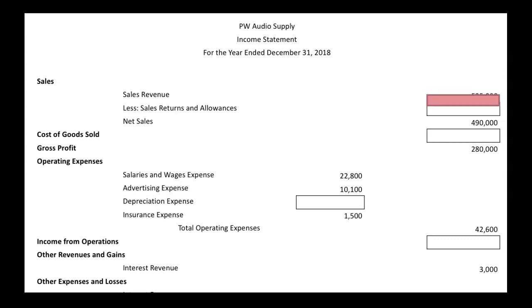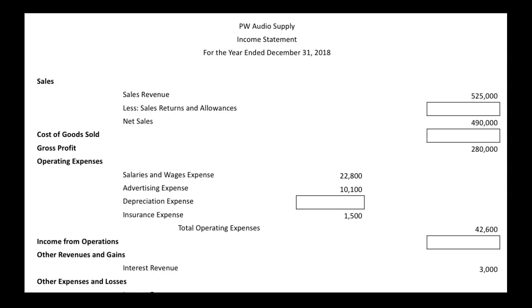The first blank that we're going to be looking for, and that totally messed up the formatting, is your sales returns and allowances. So you can notice that the relationship there is your sales revenue less your sales returns and allowances equals your net sales. So we're going to have to set up a lot of this like algebra problems.